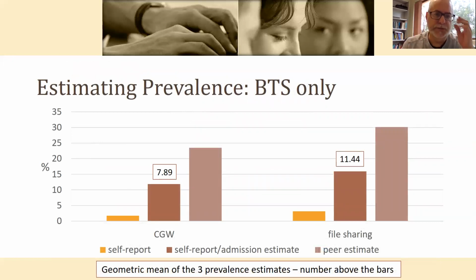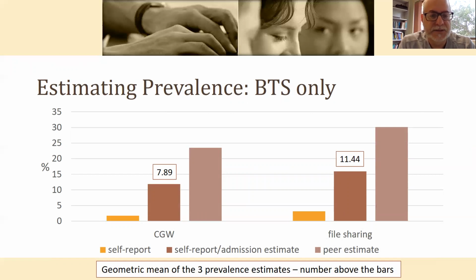Now, the Bayesian Truth Serum methodology gives a way of estimating the prevalence of behaviour where the true population incidence is not known, which combines the self-reported admission, divided by what people estimate as the percentage of people who would admit to something who had in fact done it, and the peer prevalence estimate, which is basically what percentage of students, other students think do this.